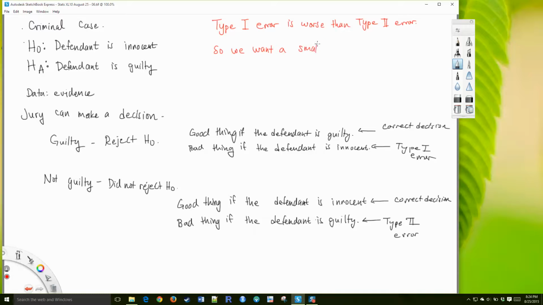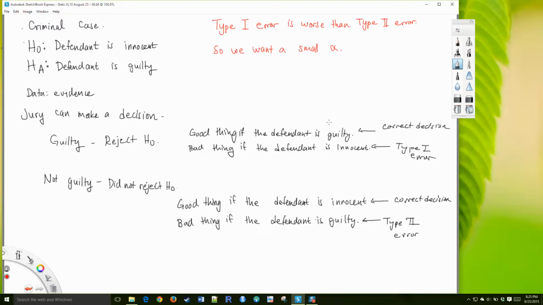Because we have a choice of alpha, okay? And so decreasing alpha will increase type 2 error, okay? Decreasing alpha will reduce type 1 error, but will increase type 2 error. But that's what we want in this situation, where type 1 error is worse. Okay? So we want a small alpha.